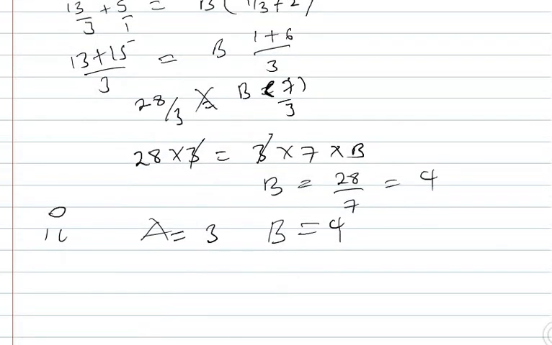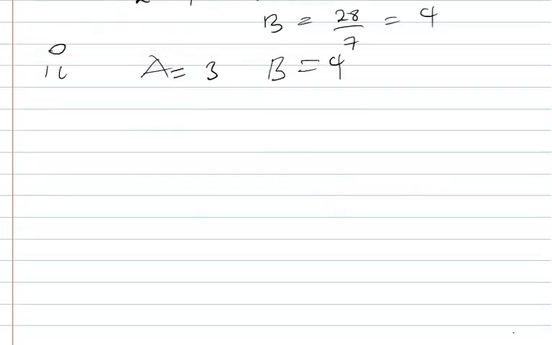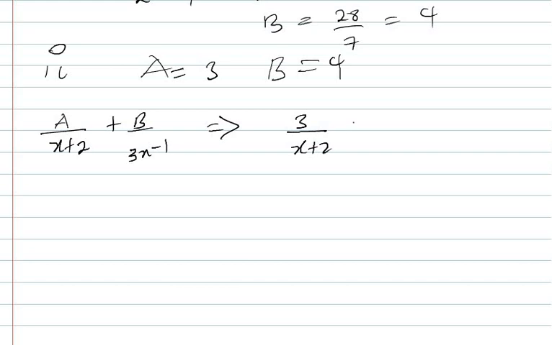So we now come back to our normal equations. We have the integral of a over x plus 2 plus b over 3x minus 1. So this is equal to a, which is 3, over x plus 2, and then plus b, which is 4, over 3x minus 1.